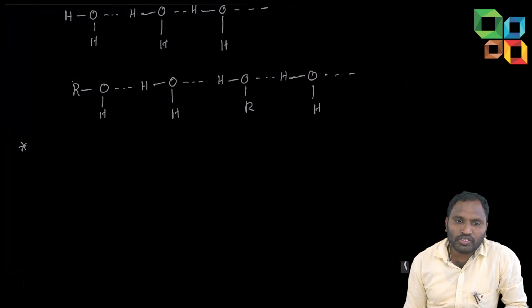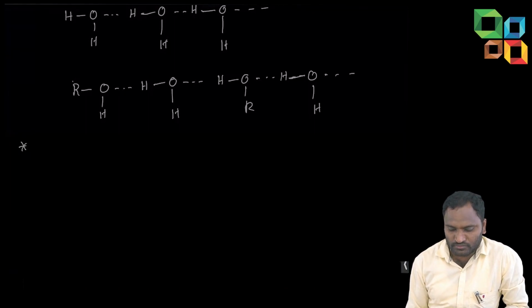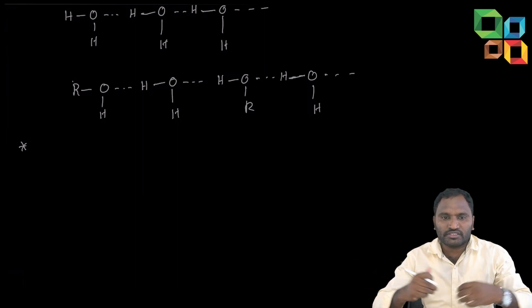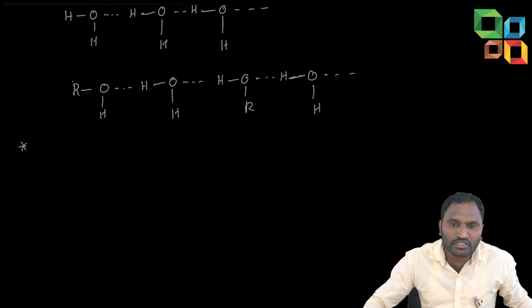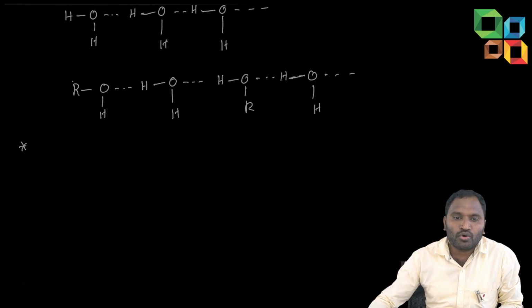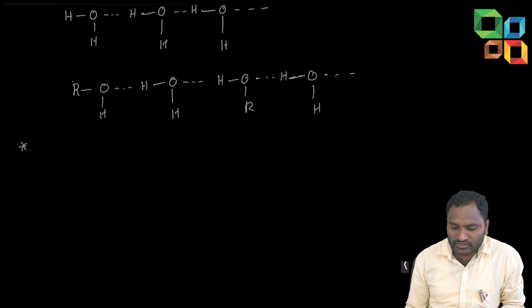If any molecule has intermolecular hydrogen bonding, its boiling point will be high compared to other compounds. So alcohols have high boiling points compared to hydrocarbons or ethers of comparable molecular masses. Wherever hydrogen bonding increases, the forces of attraction also increase, and surface area increases. So we need to apply more energy to break the attractions.